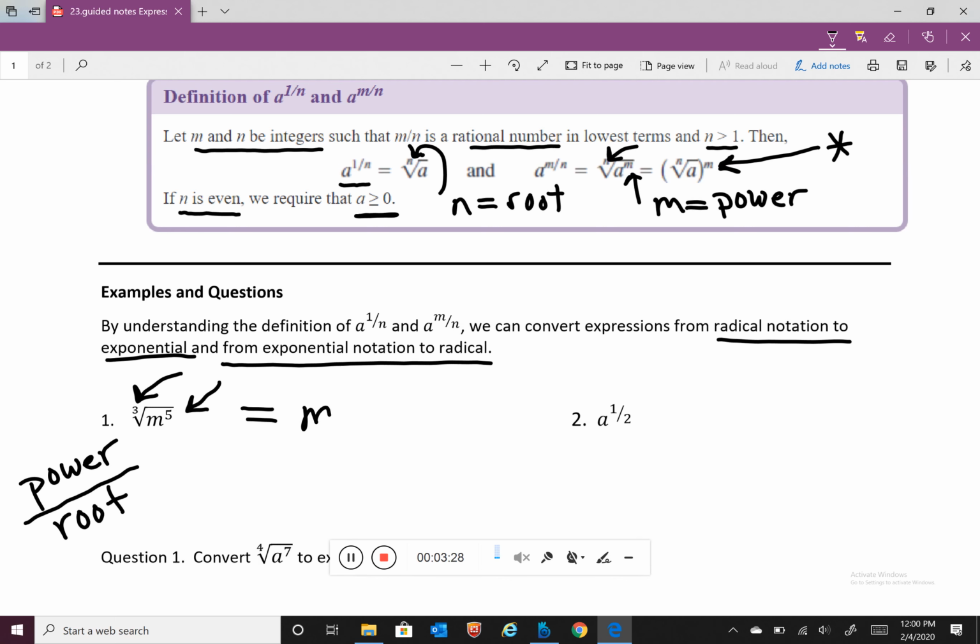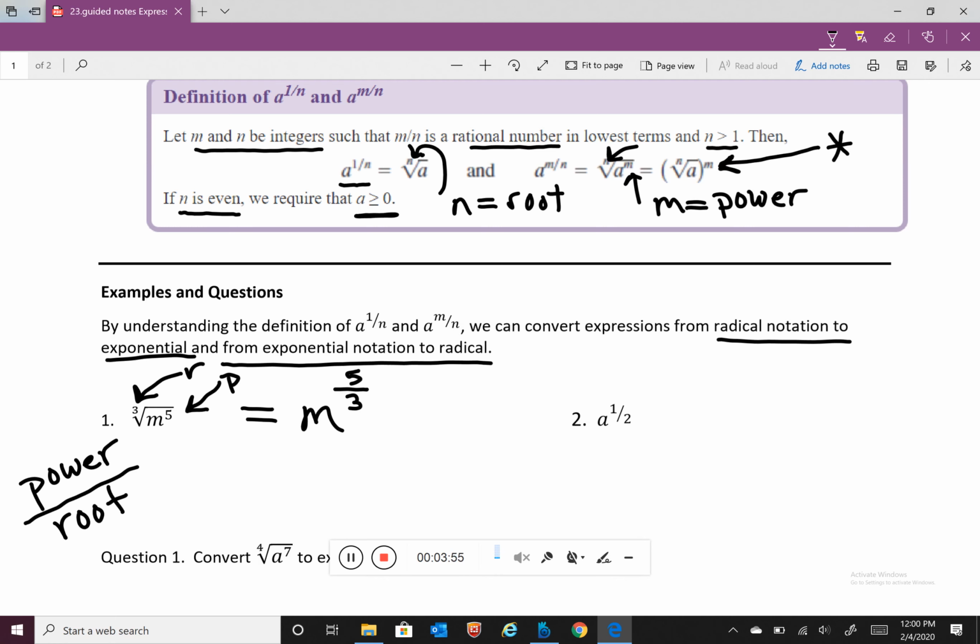So this is m raised to the, and we need to figure out what goes in the numerator and what goes into the denominator to convert from radical notation to exponential. So 5 is our power, I'm going to just put a p there, and 3 is our root. So this is equivalent to m raised to the 5 over 3.